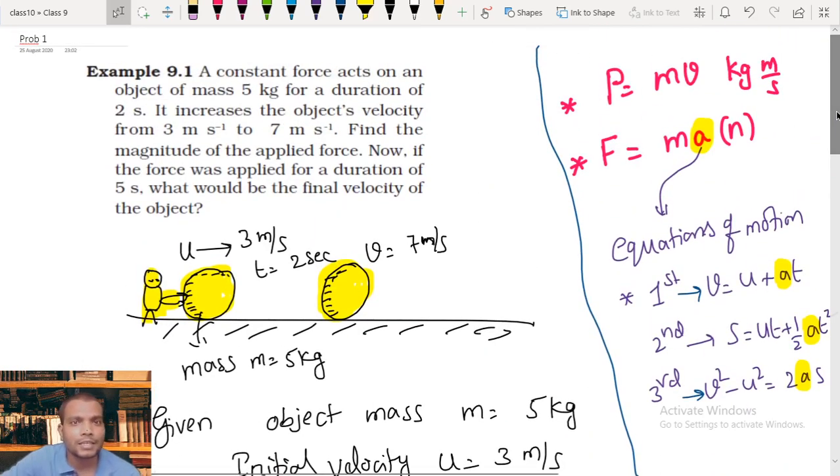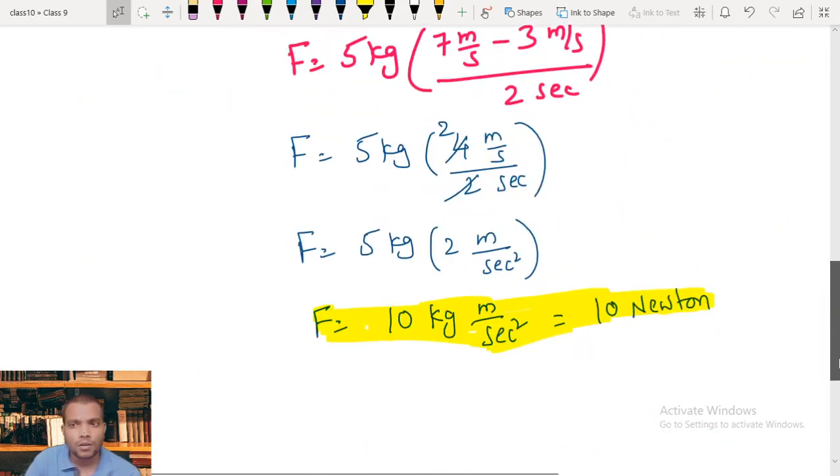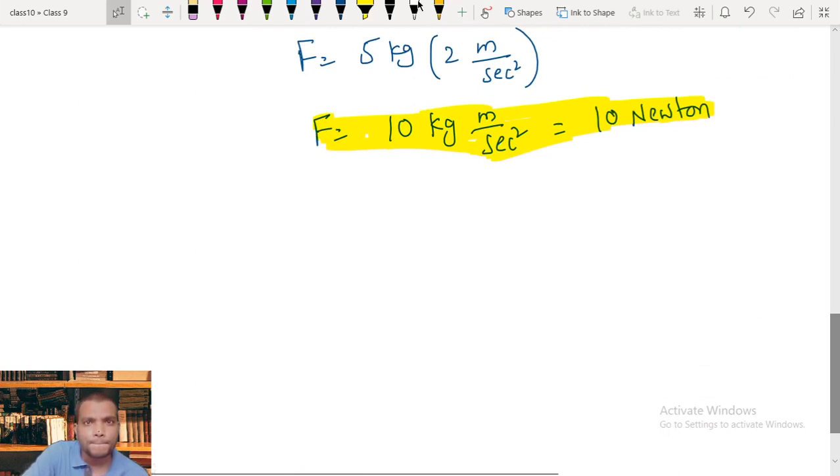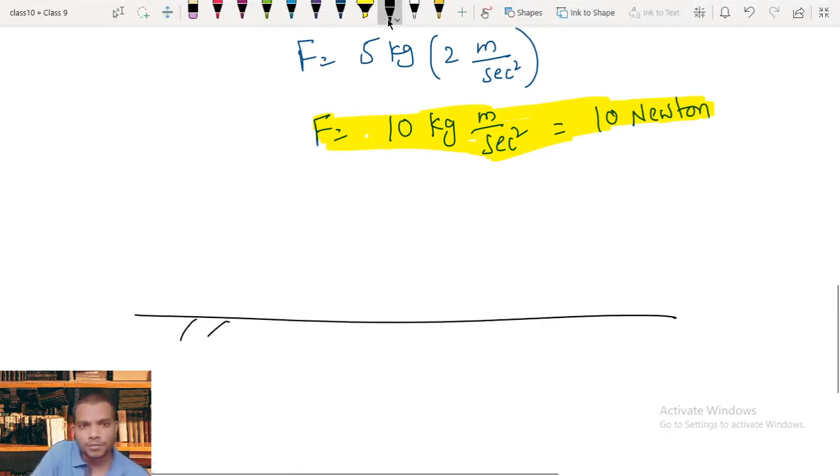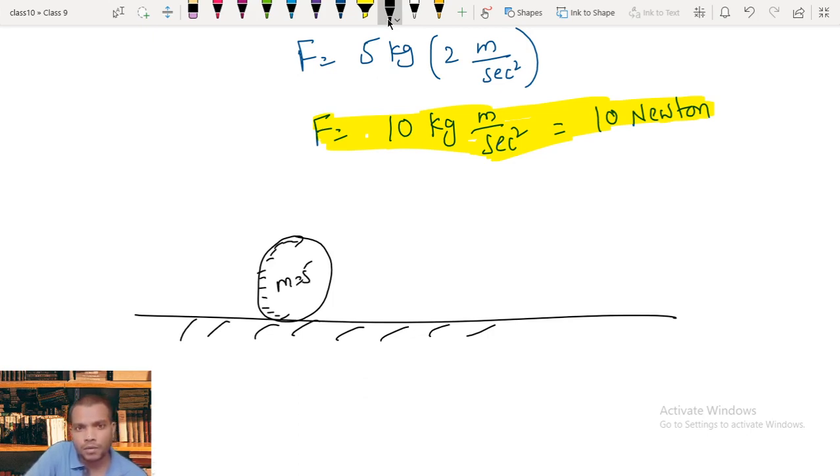Now see the second case. If the force was applied for a duration of 5 seconds, what would be the final velocity of the object? It means now we need to find the final velocity of the object. Suppose I draw the diagram again. This is my object, its mass m equals 5 kg and its initial velocity u equals 3 meter per second.